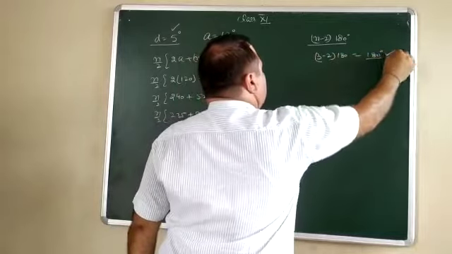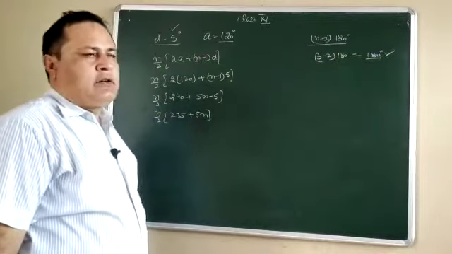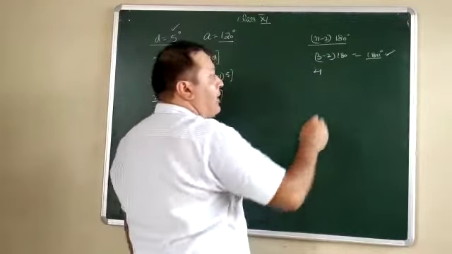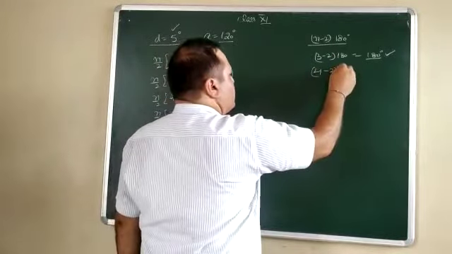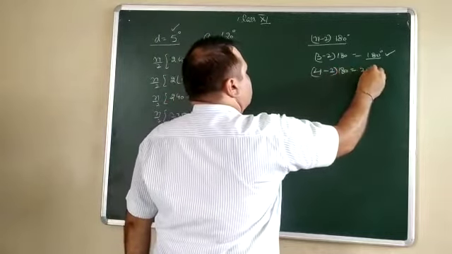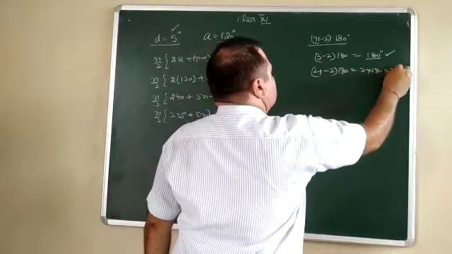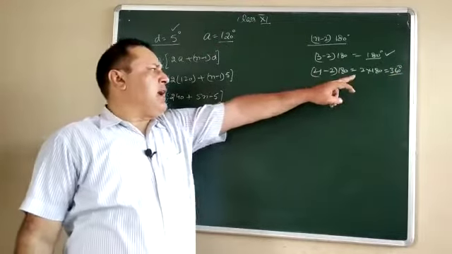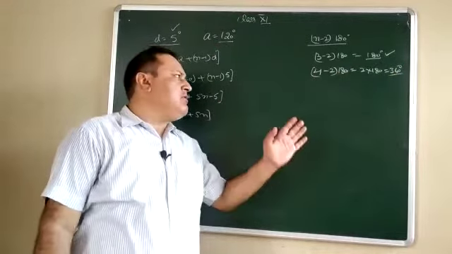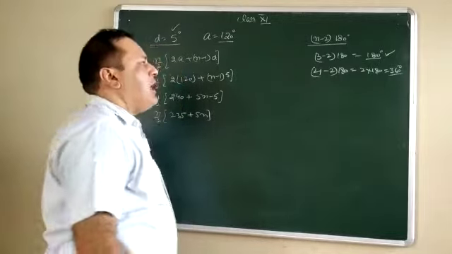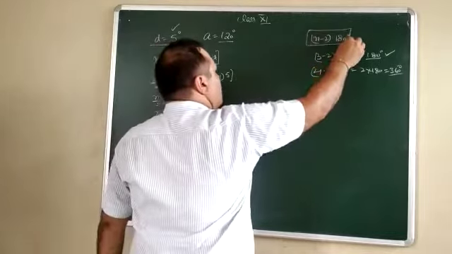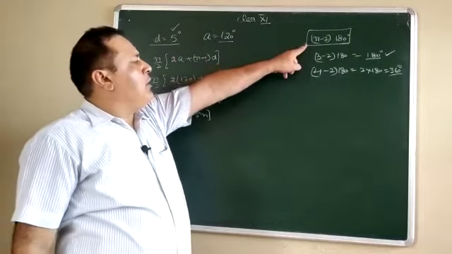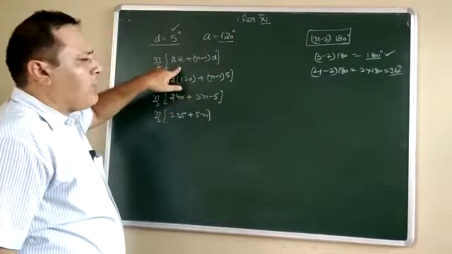You know very well the sum of angles of a triangle is 180. For a quadrilateral having 4 sides, 4 minus 2 into 180 is 2 into 180, which equals 360. You also know the angle sum of a quadrilateral is 360. So this is the formula to calculate the angle sum of a polygon, n minus 2 into 180.